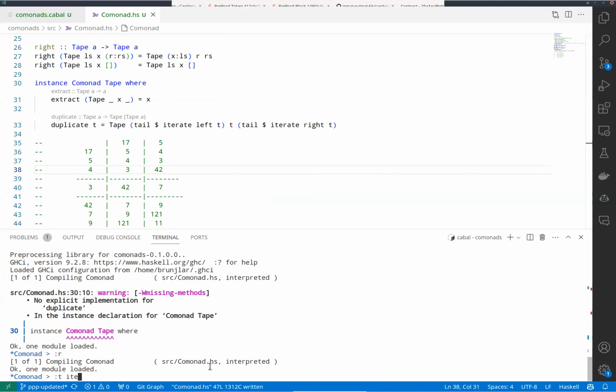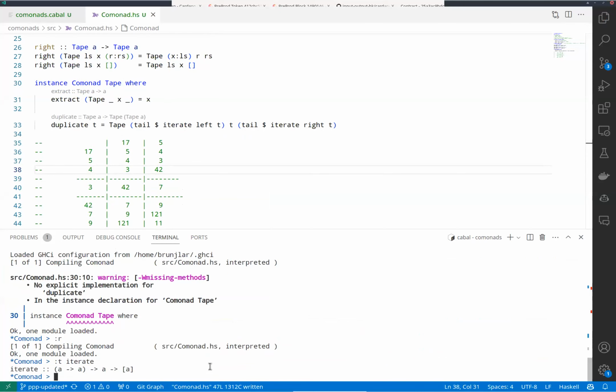So iterate, that's in the base libraries. It takes a function and a start element and produces a list. And the idea is the first element of the list will be the given element. The next element will apply the function to it, and so on. So for example, if I do iterate +1, 7, let's say 7 is an int, it will be an infinite list.